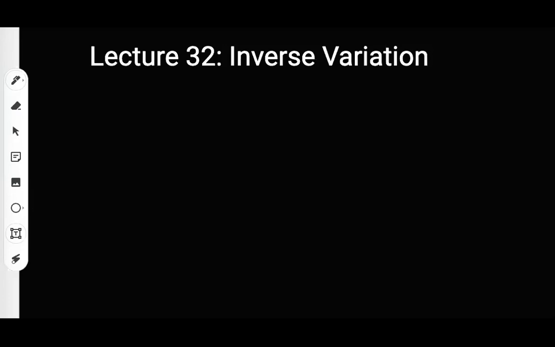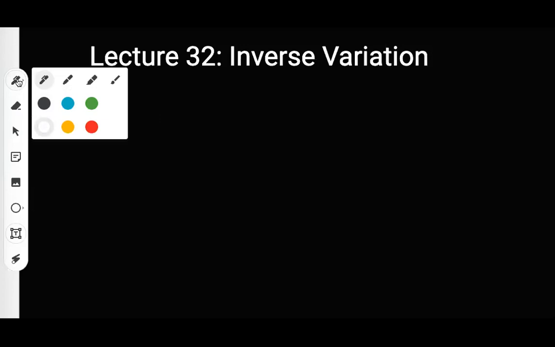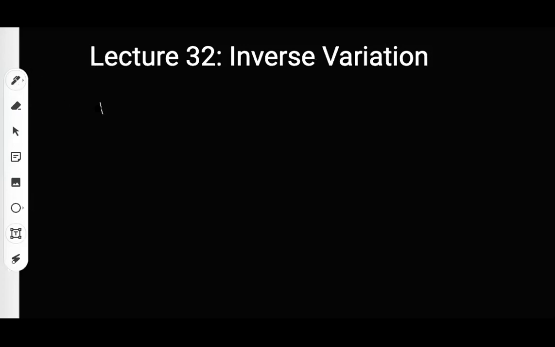All right, lecture 32, inverse variation. So last time we met, we were talking about direct variation. So the first point I wanted to make is there are two types of variation. The first one is called direct variation.